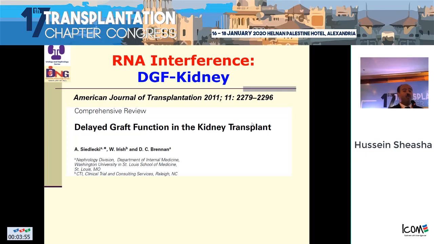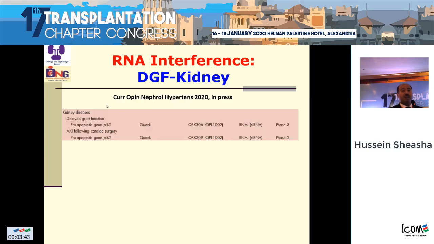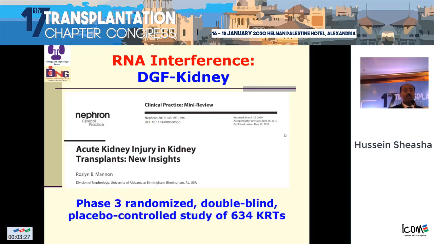Regarding the kidney, one very important point is delayed graft function, and this is siRNA to inhibit the pathway of P53, and this drug has phase 1, 2, and 3 studies. So this is the clinical study, phase 3, using RNA interference therapeutics for treating and inhibiting delayed graft function in transplantation.